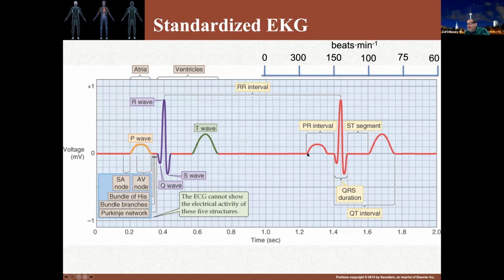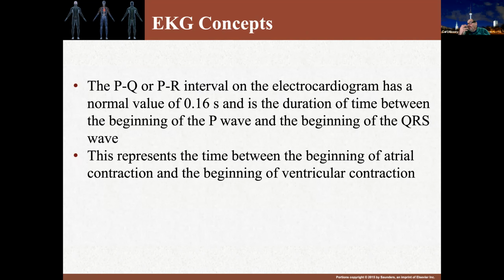So this is 40, 80, 120, 160 milliseconds, which if you notice here is the normal value. 0.16 seconds is 160 milliseconds. So 160 milliseconds is normal, and that tracing is normal.